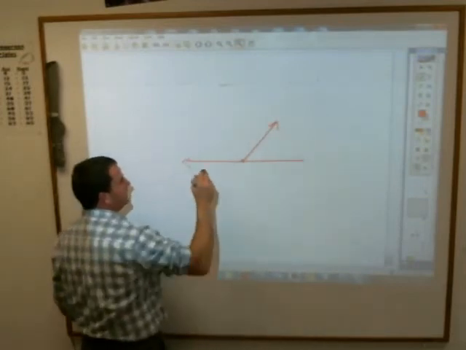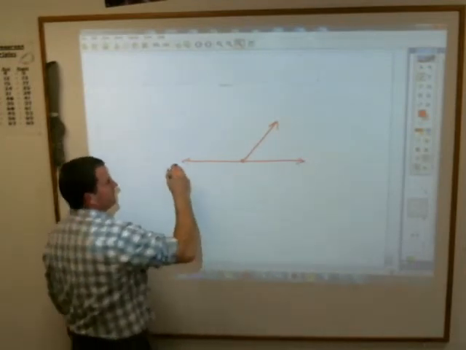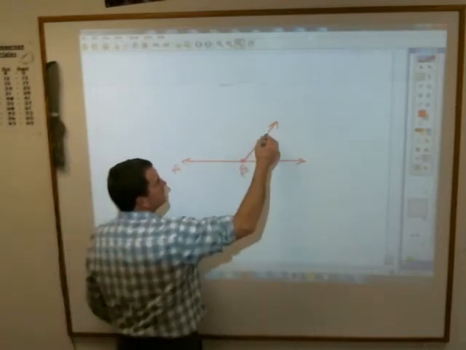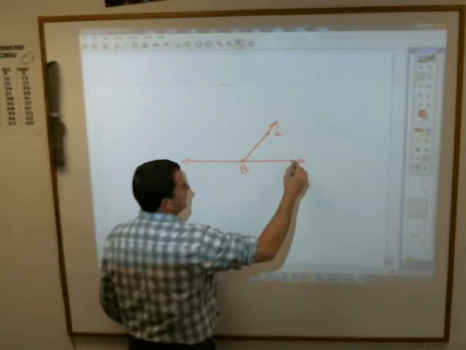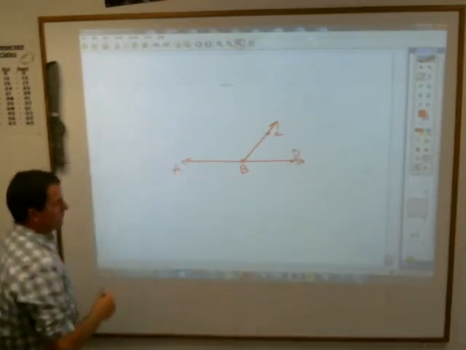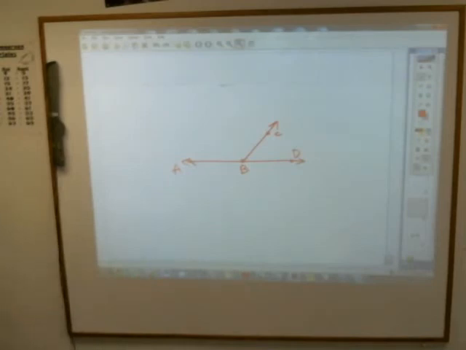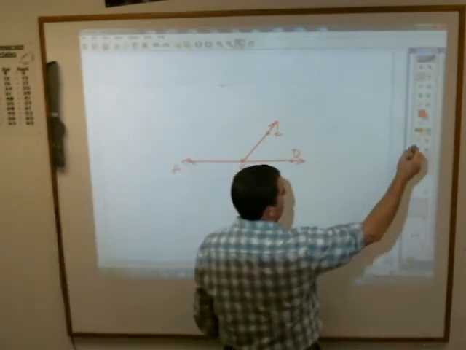Well, before we talk about lines, let's do this and talk about naming angles. Let's say this is A, B, C, and D. When you name an angle, okay, let's say I was talking about this angle right here.